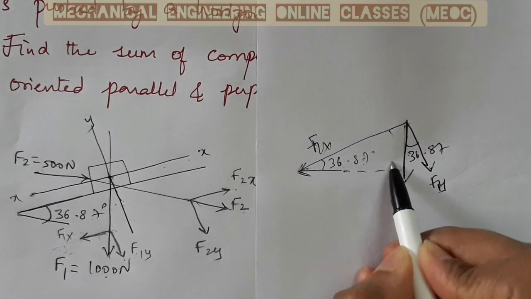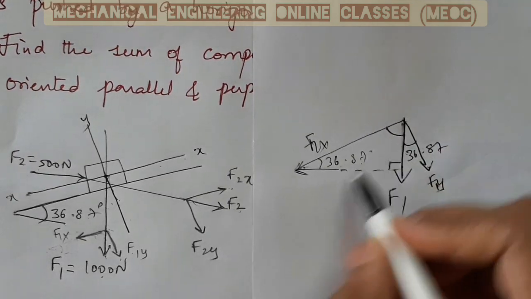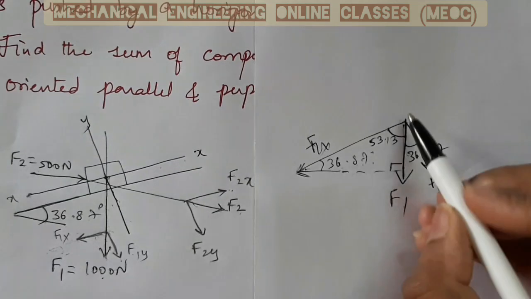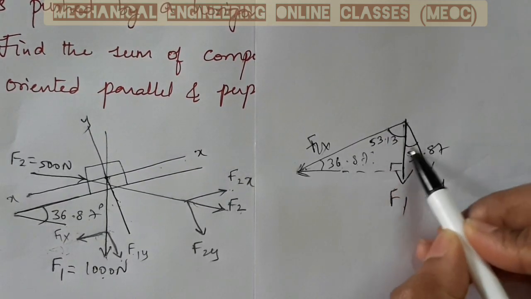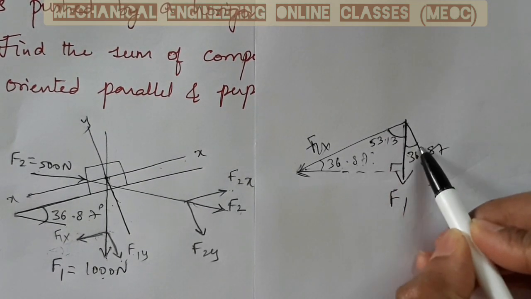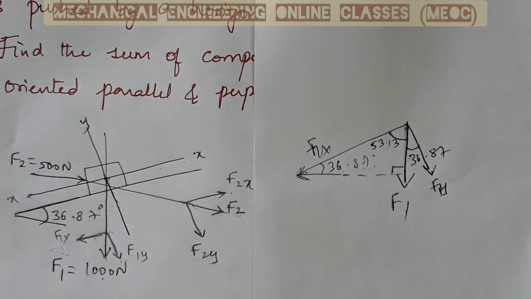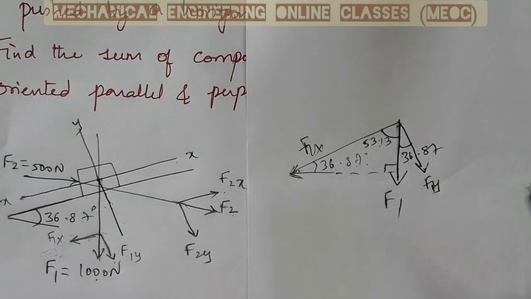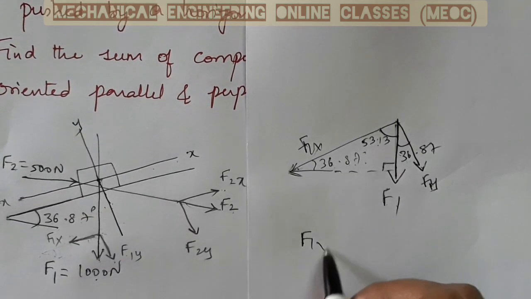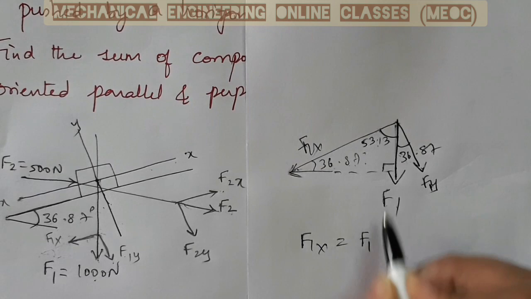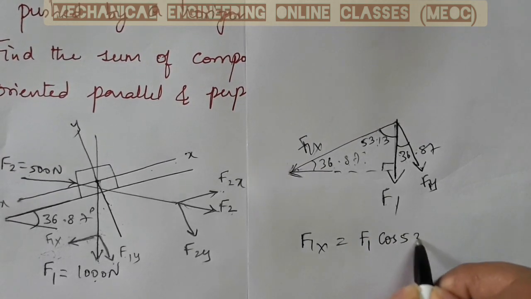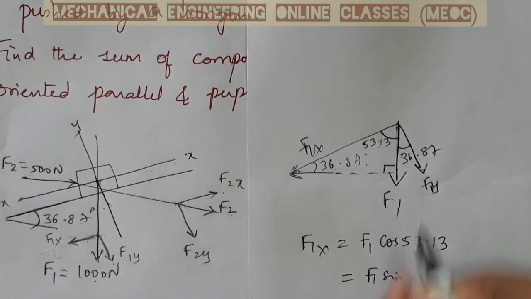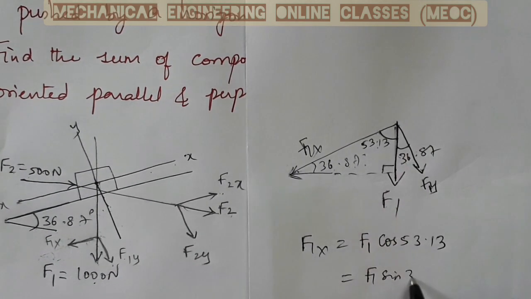Because these two are perpendicular to each other, this angle also becomes 36.87, and this is 90 minus 36.87, which is 53.13. Because the sum of these two angles should be 90, this is 90 minus this, which is 36.87. Now I can write F1x and F1y in terms of F1 using any angle. So F1x can be written as F1 cos 53.13 or F1 sin 36.87.